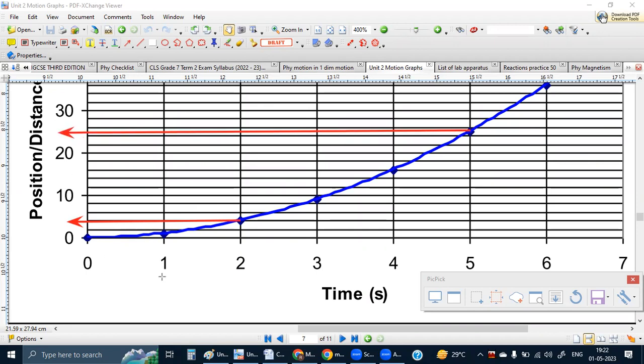Okay. So this part is 4 meters. And this part is 20, 22, 24, 25. So 25 minus 4. This difference will be the displacement between 2 to 5 seconds. So 25 minus 4, your answer will be 21 meters.